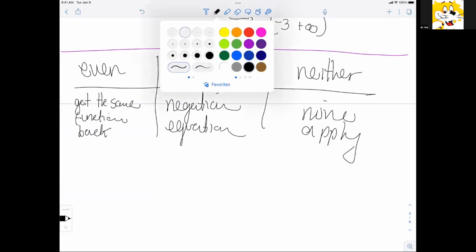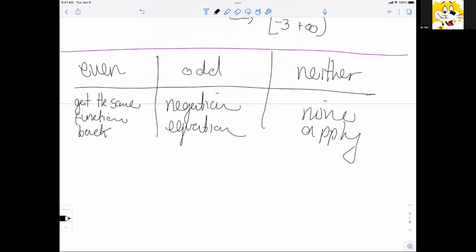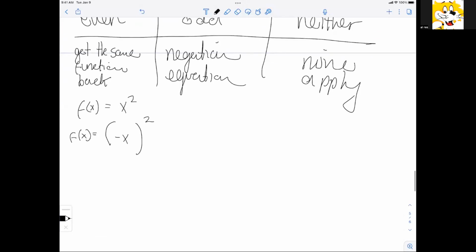All right, let's put the metal to the test. I have a function, which is x squared. How do I test for this? I'm going to replace x with negative x.